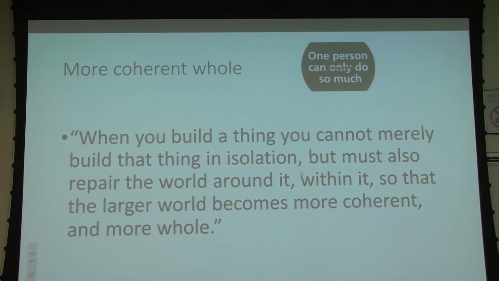These kids, there's a whole person there. It's not just about their reading, okay? But you must also repair the world around it. That's what that report does, in my opinion. That's what your evaluation does. It's talking about the world around that kid also, so that the larger world becomes more coherent and more whole. That is my goal for you guys.